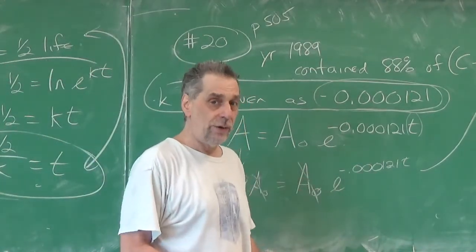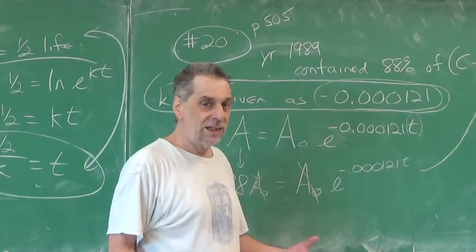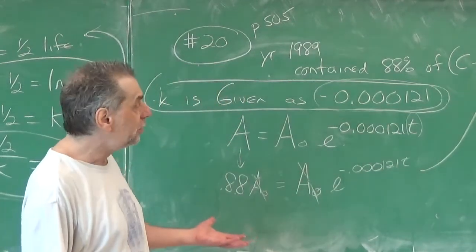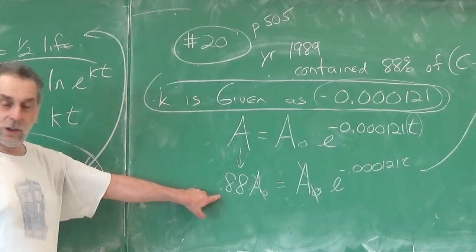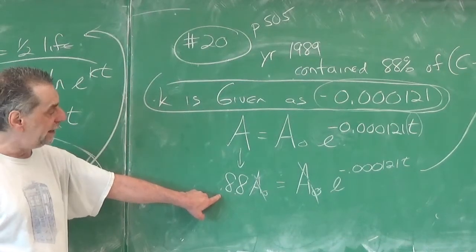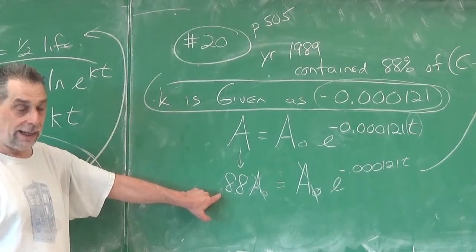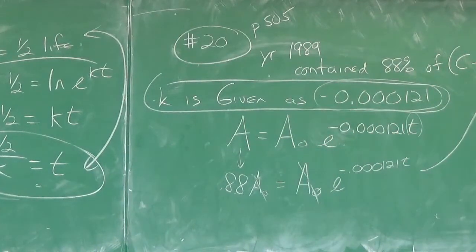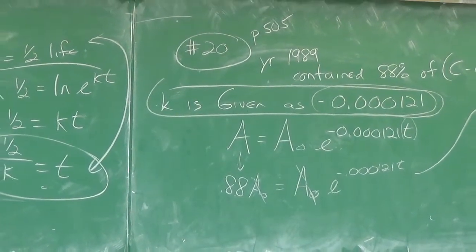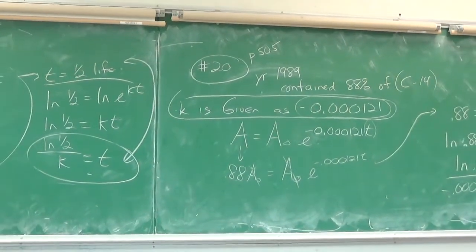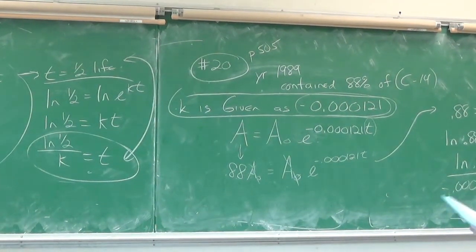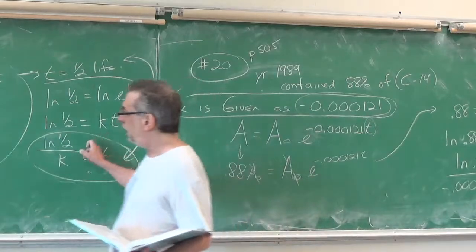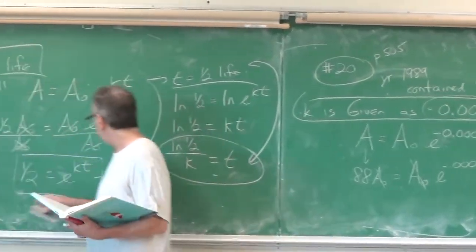That's a good way to check your answer. 1,056, much less than 5,700, which makes sense because it hasn't lost half of its carbon-14 yet. It's only lost 12%. So those skeletons are a little bit over 1,000 years old. So that's an example of exponential decay. Let's do one more. We've done an exponential growth. We've covered half-life and doubling time.